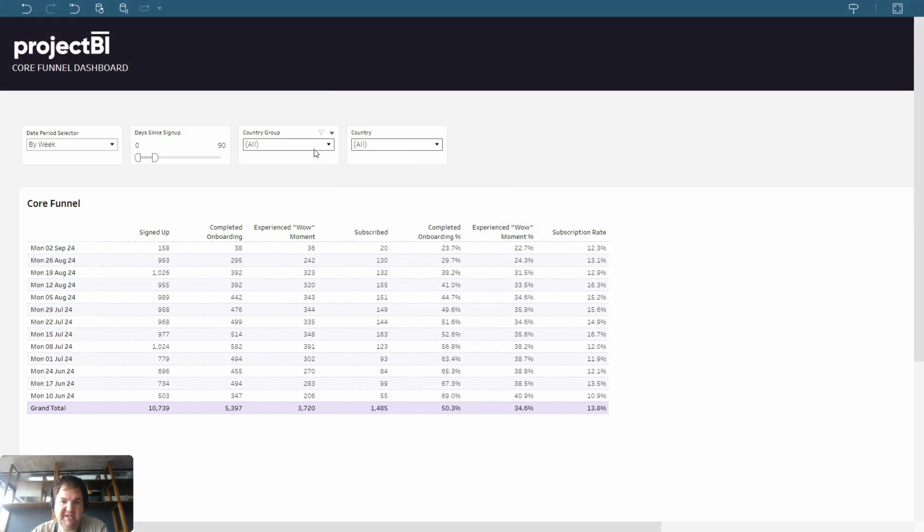But from the marketing standpoint, if we're able to bring more businesses from the US, for example, compared to third world, we're immediately going to improve those numbers, just because we see that the product is probably a better fit for those users. So this is another very powerful functionality of this report, is segmenting and exploring the different user cohorts.